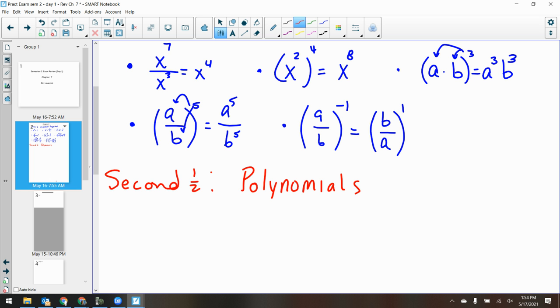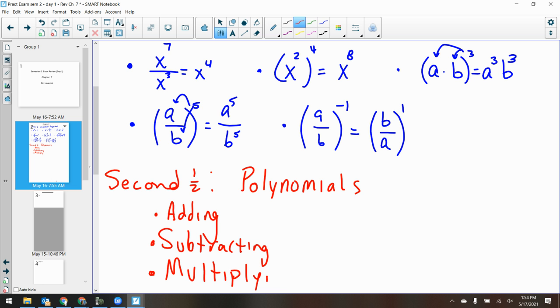We named polynomials, but what we really focused on was adding, subtracting, and multiplying. That's really what we were focused on in the second half of Chapter 7, and mainly the multiplication. This is back when we learned to FOIL.